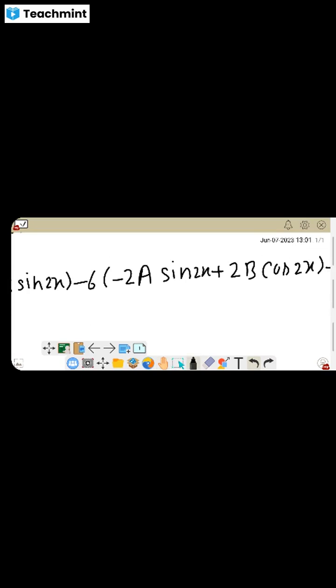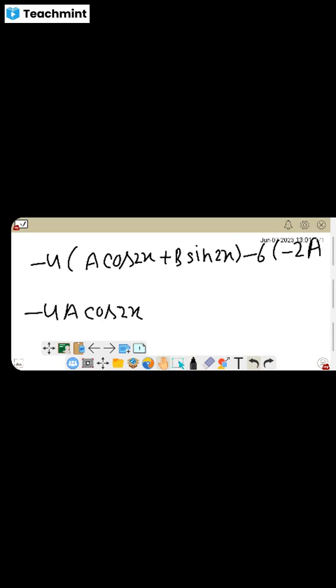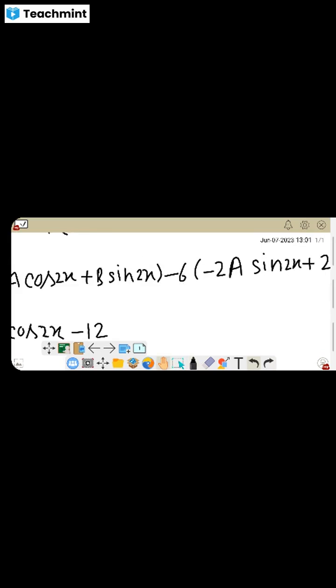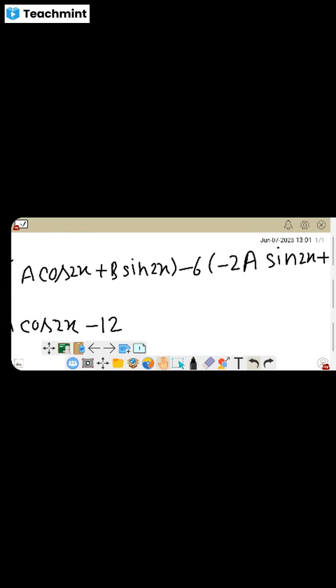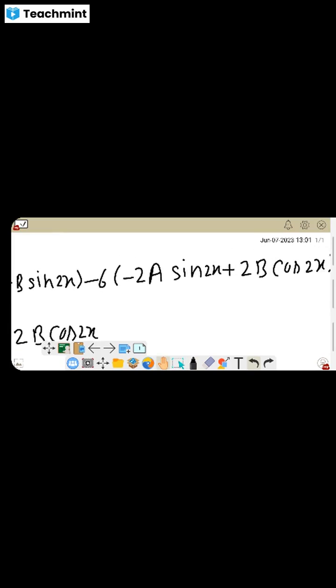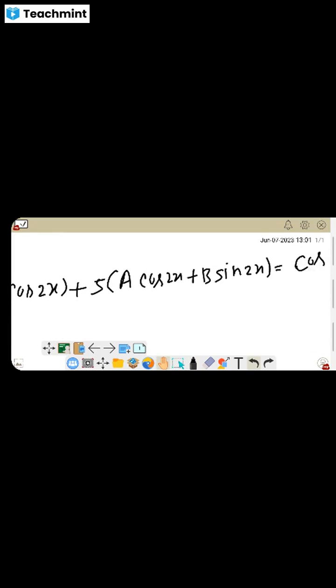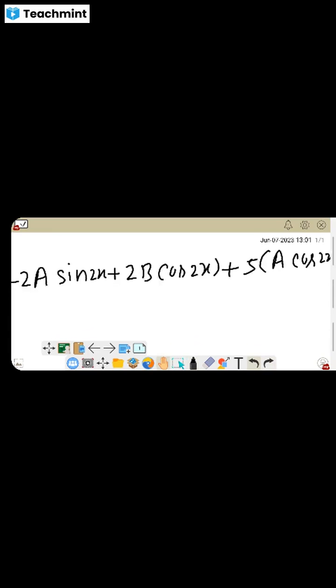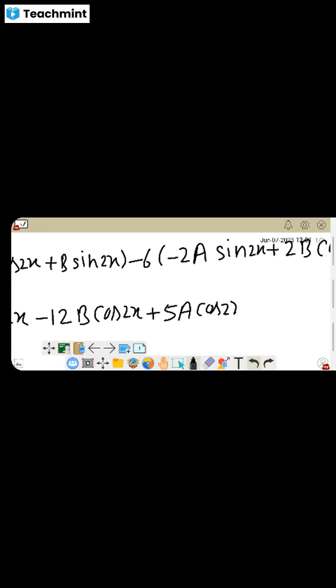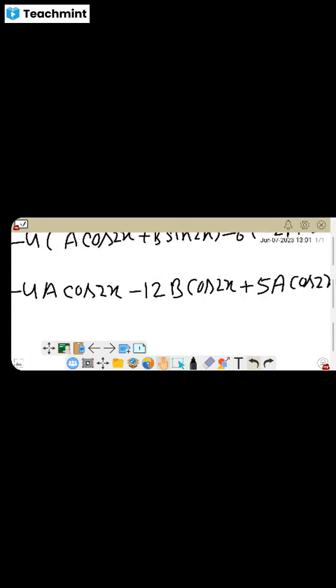If you multiply minus 6 with this term, then we'll get minus 12b cos 2x, and plus 5a cos 2x.